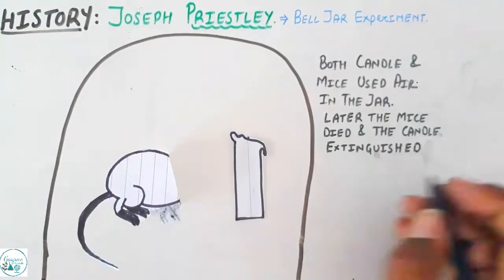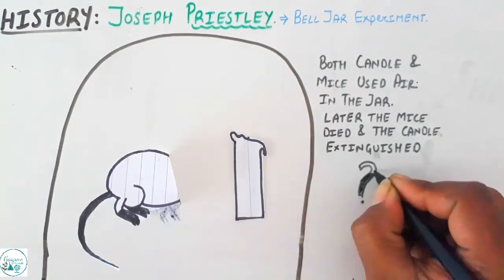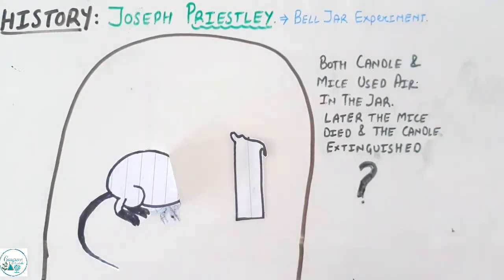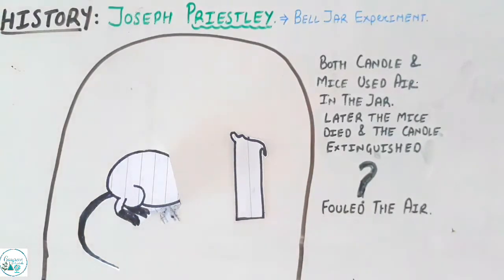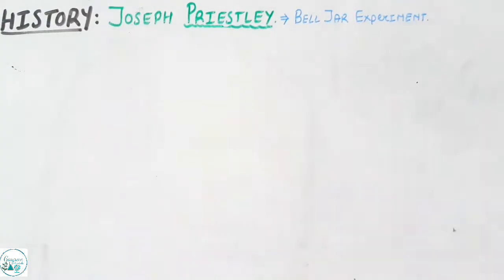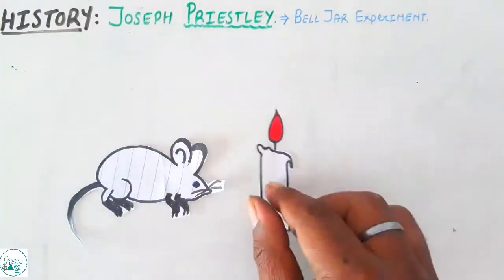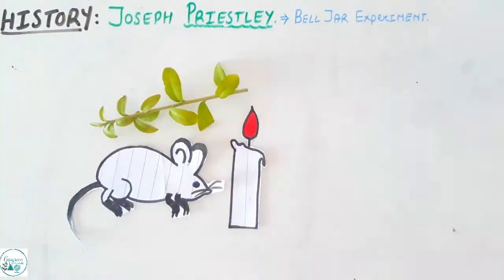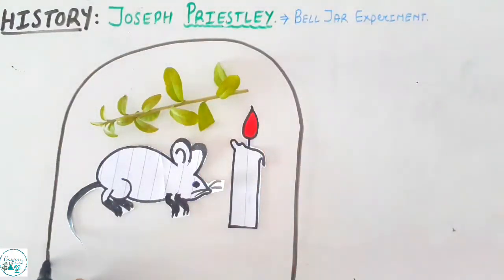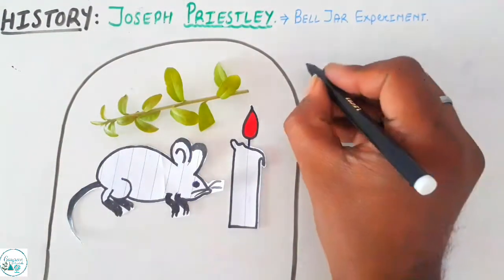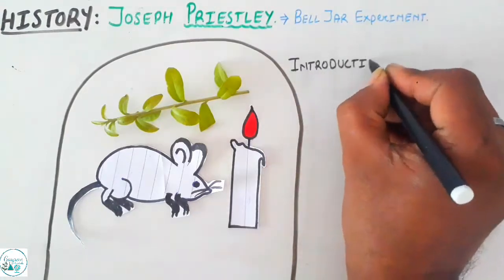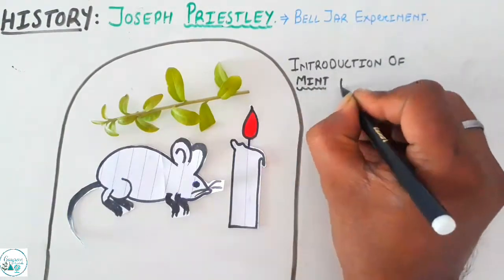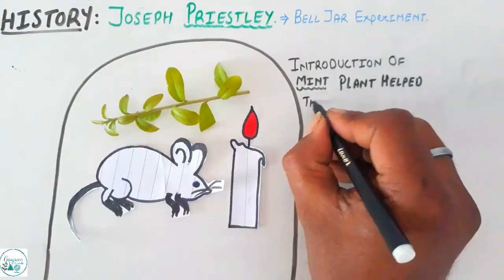This compelled Priestley to think what could be the probable reason for this, and he concluded that both the mouse and the candle would have used up the air and turned it into a foul air. This foul air was called phlogiston. In a similar set of experiments, he took a mouse, a candle and a plant in an inverted bell jar. The plant he took was a mint plant.